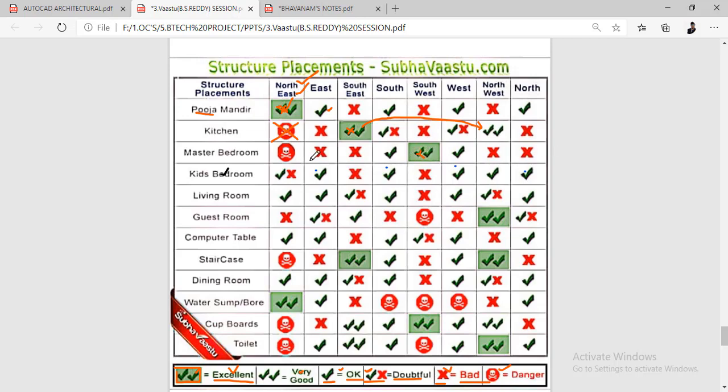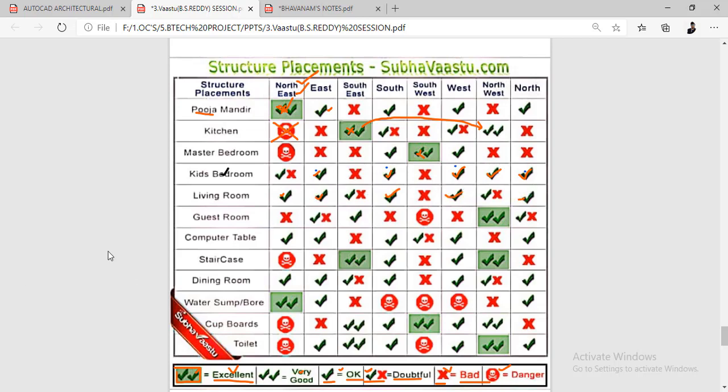Remaining things you need to. And kids bedroom, nothing is very good, but at least you can place it in the east direction or south direction or west direction, northwest or north. Mostly northeast is a danger. Doubtful. And the living room, you can place northwest, this and here also.